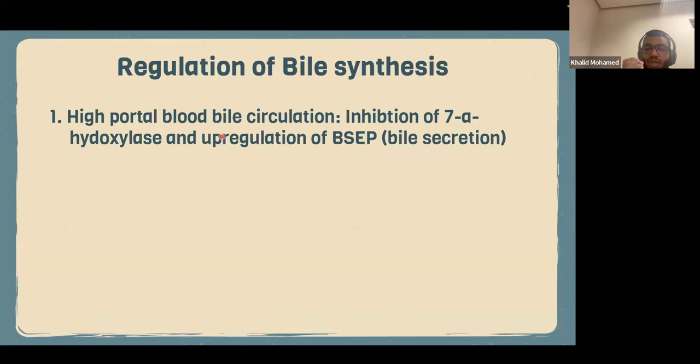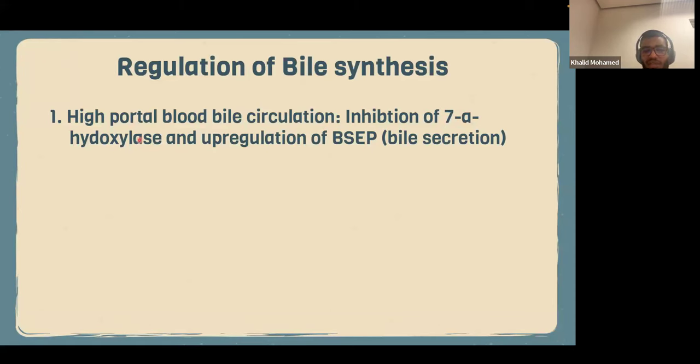Do we want to synthesize more bile? We don't want to synthesize more bile because we're already getting so much back. So we'll just secrete whatever we have and get it back again from the ileum. If the bile in the portal system is high because a lot is getting reabsorbed, we will inhibit biosynthesis.